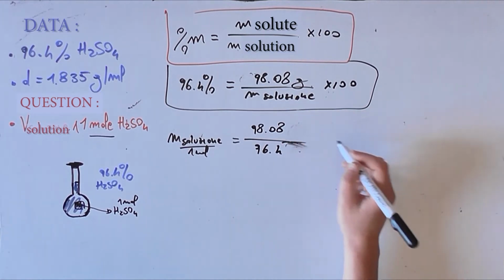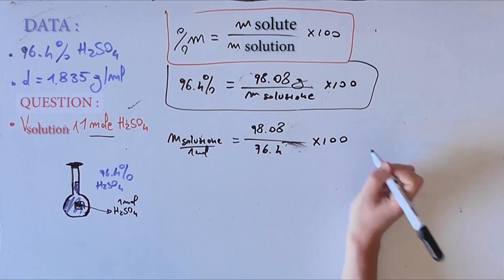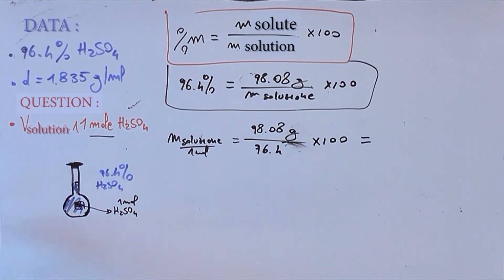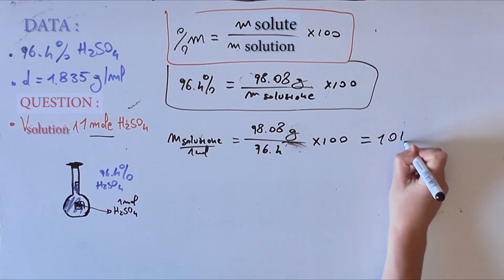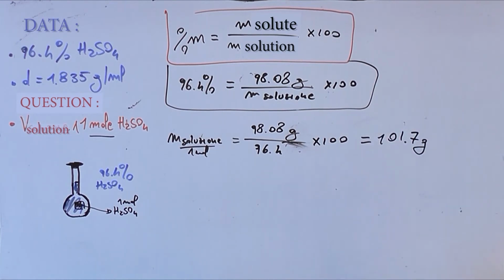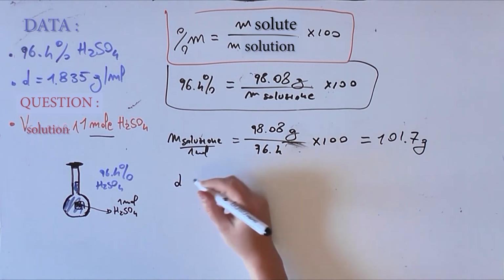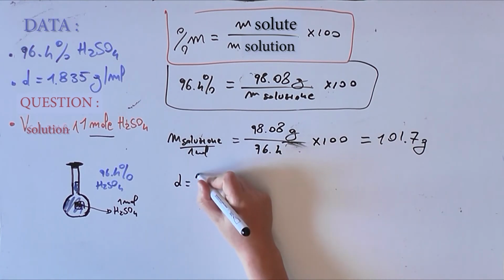So I can times 100. I can leave here G equals, let's see, it's 101.7.